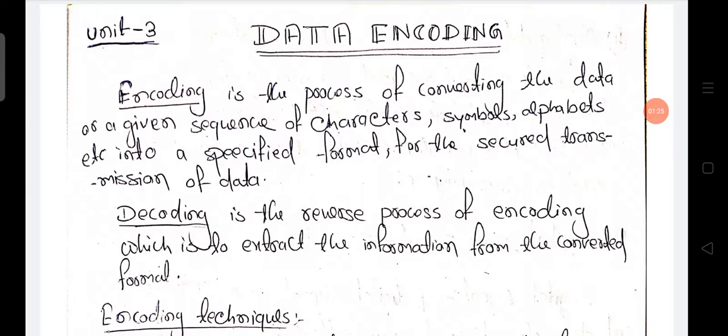On the receiver side, the reverse process happens: from the specified format we convert back to our desired data signal. So that conversion of our data or sequence of characters into a specified format or symbol is called coding or encoding.